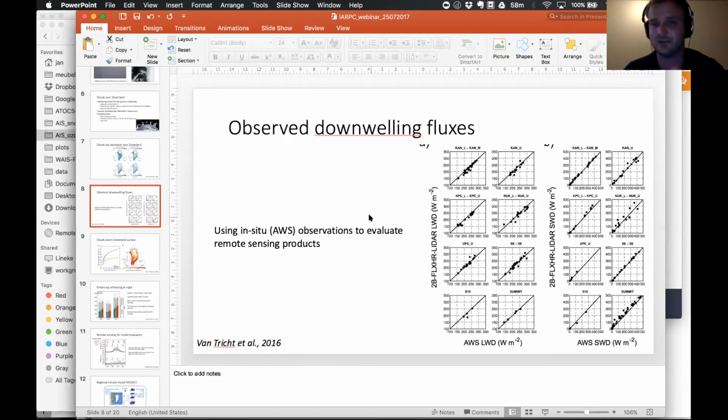And actually, these instruments are very expensive, but they're very good if you compare them to multispectral observations, for instance. They are very high quality. So I would say there are two important aspects: preparation, making sure that the instrument is actually doing what it should do, and then post processing is also very important.